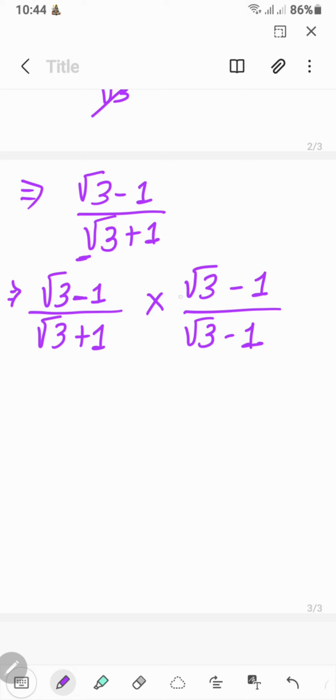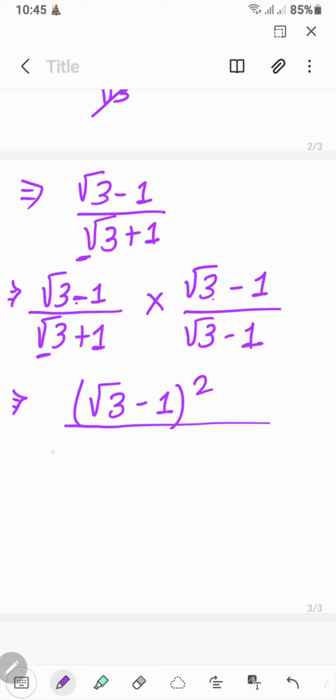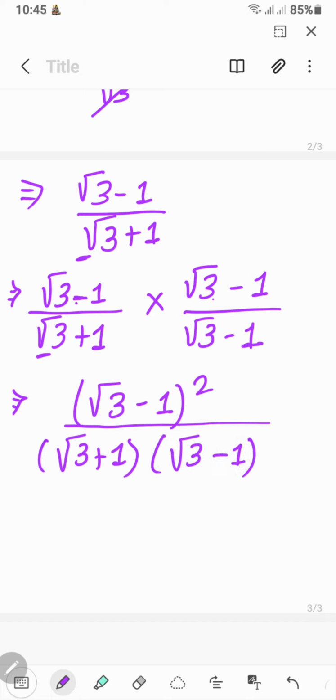So in this question, this minus and this minus is matching, but I have followed the opposite of the denominator. Now let's multiply. Root 3 minus 1 whole square, this into this, and down it is root 3 plus 1 into root 3 minus 1.